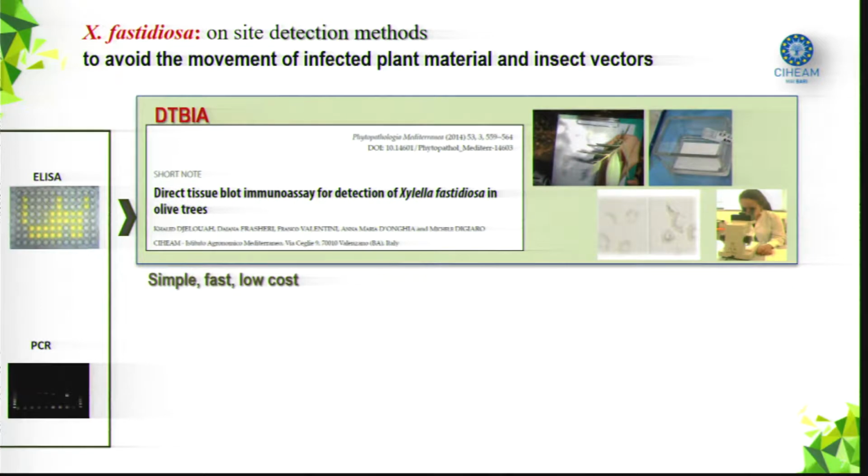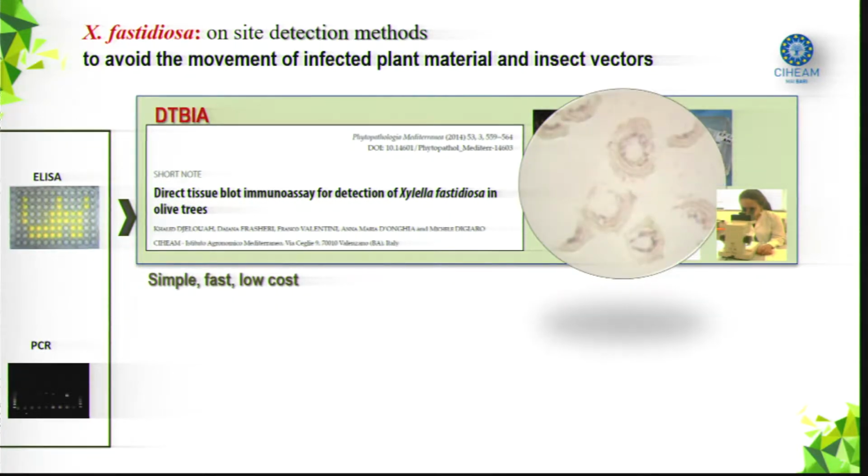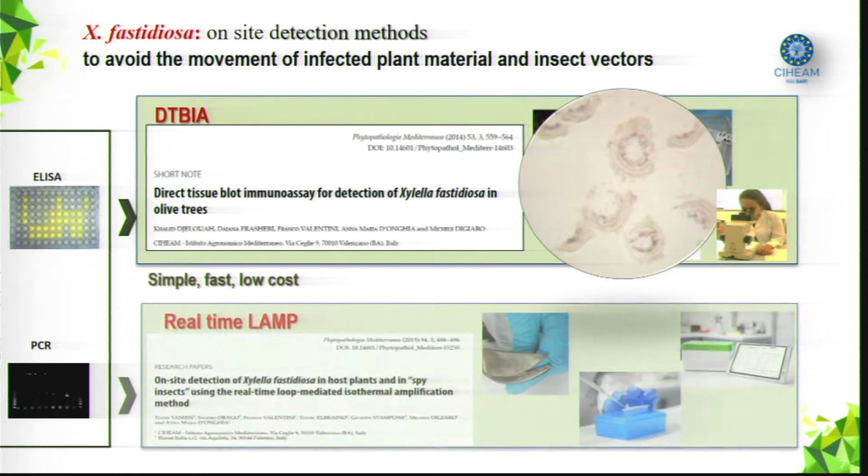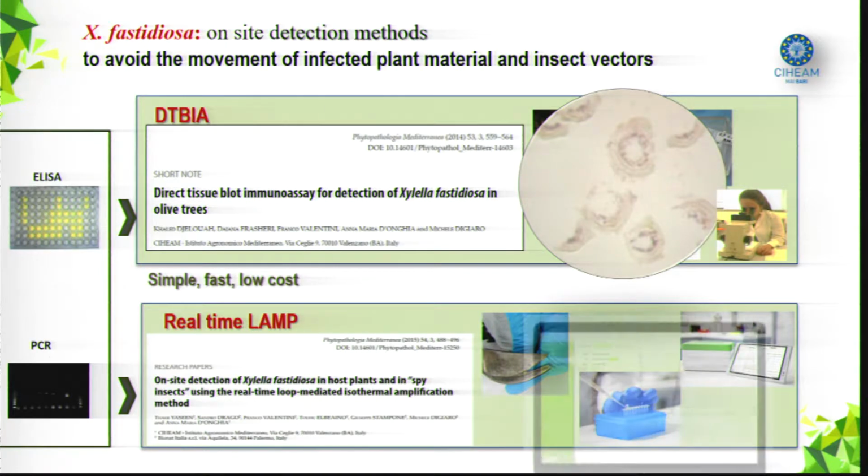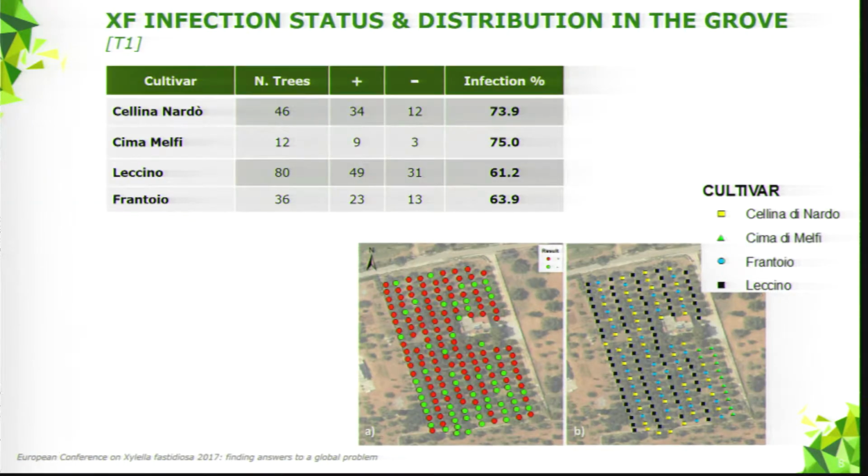Anyway, this method was used instead of the serological method of ELISA in order to make different prints with the twigs and see more carefully the presence of the infection at different sections. And real-time LAMP was already explained by my colleague in the previous section.